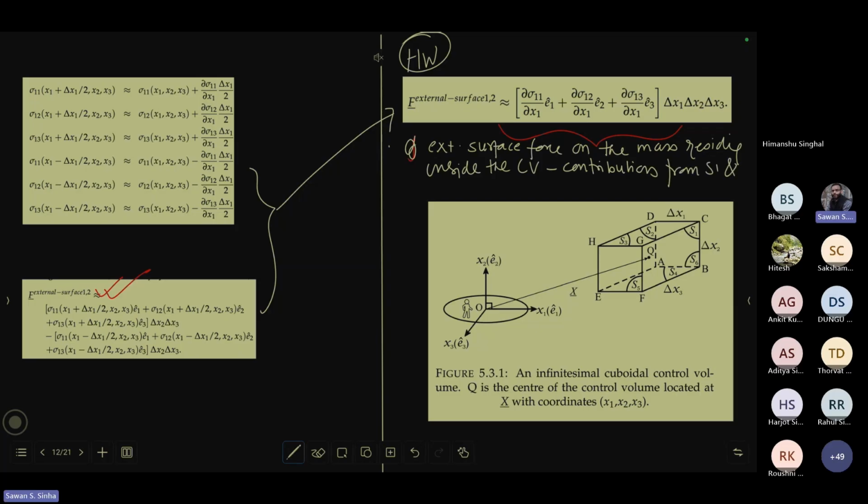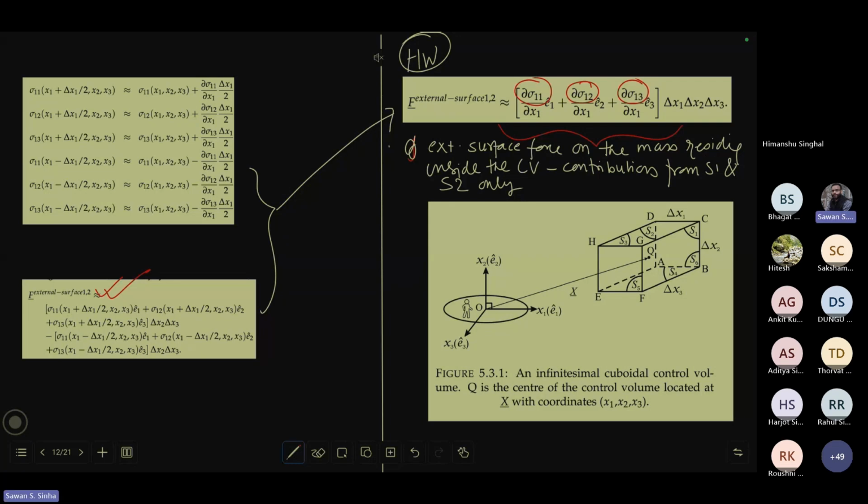S1 and S2 only. Three components matter here: 1,1, 1,2, 1,3. Not surprising, because S1 and S2 have unit normals along plus minus E1. So the force will get contribution from only those scalar components of sigma which have their first index as 1. That's what is happening here.